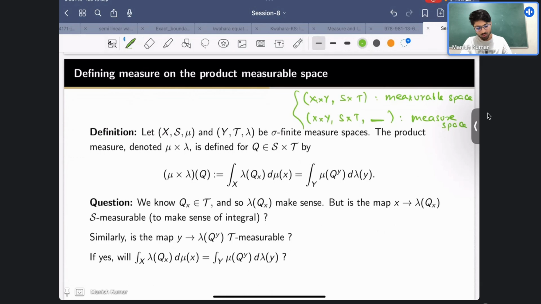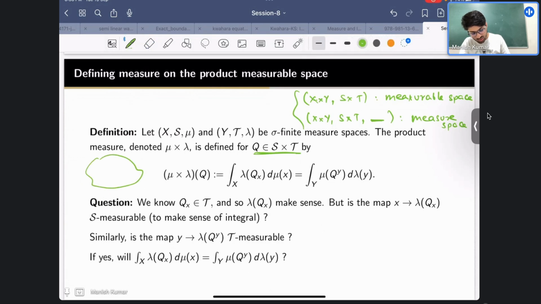We choose some Q in this product sigma algebra. Then the product measure of this Q will be nothing but the integral of lambda of Q_x. First, recall that Q_x is the x section. Let me draw that figure again for your reference.